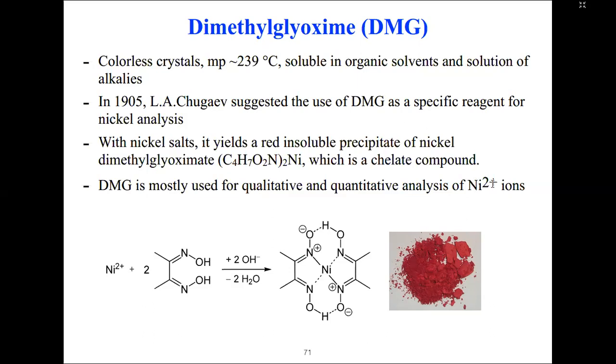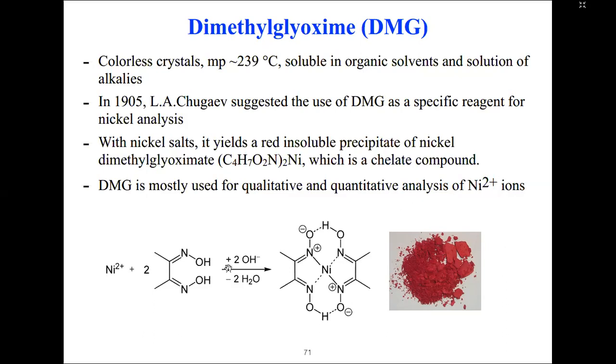The answer is either yes or no. If it is present, the answer is yes, and if nickel is not present, the answer is no. Quantitative analysis of nickel means, if it is present, how much nickel 2 plus ion is present in our sample. To determine the exact figure, the answer will be in numbers like 0.1 gram, 0.002 gram, something like that.